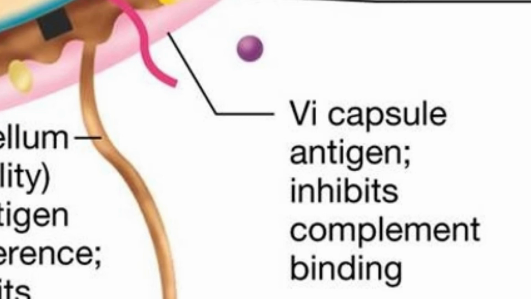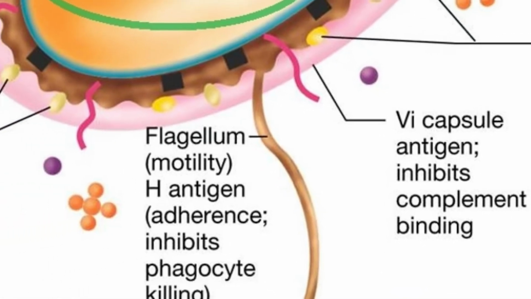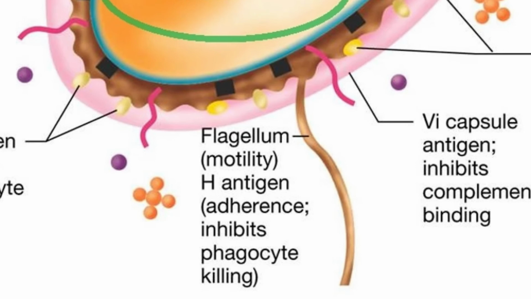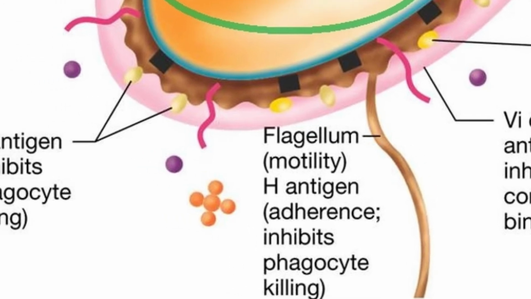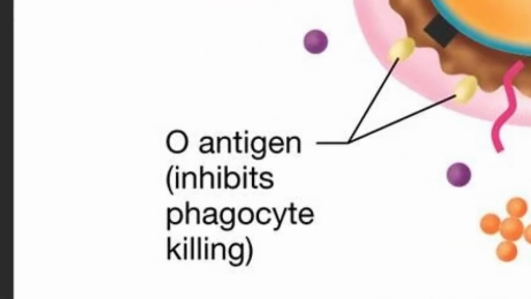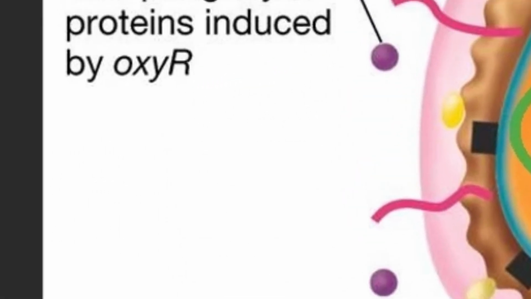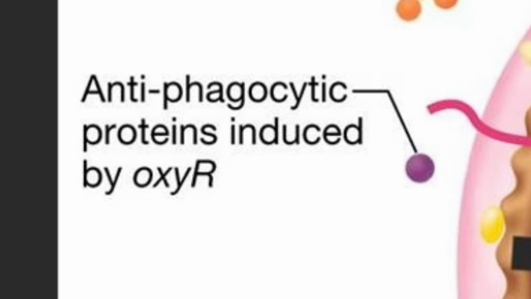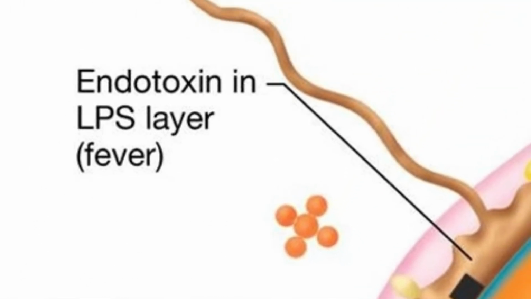It also makes it more difficult for this cell to be phagocytized. It's also motile via peritrichous flagella, which allow it to swim away from white blood cells and escape your immune system. They also have antigens which allow them to adhere and inhibit phagocyte killing. They have O antigens which inhibit phagocyte killing. They have anti-phagocytic proteins. And finally, they have an endotoxin in the lipopolysaccharide outer membrane, which will cause fever.